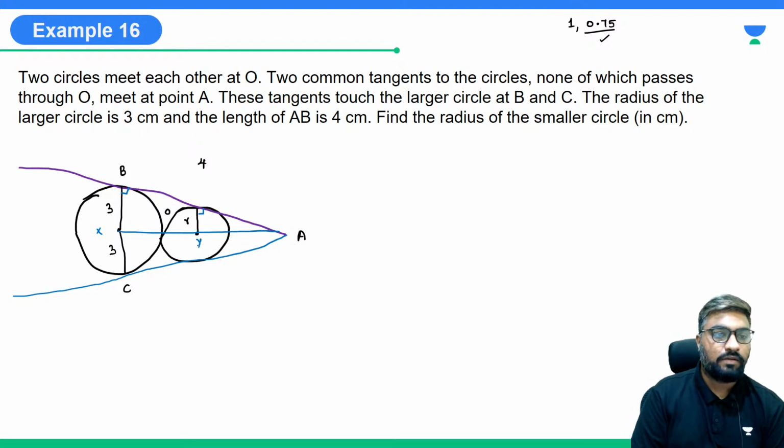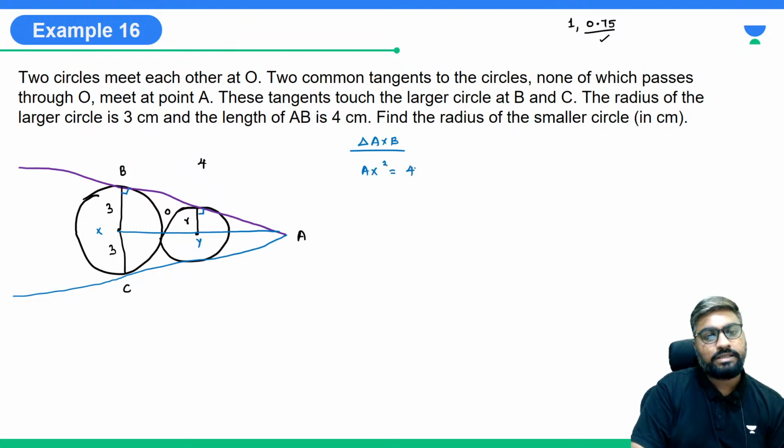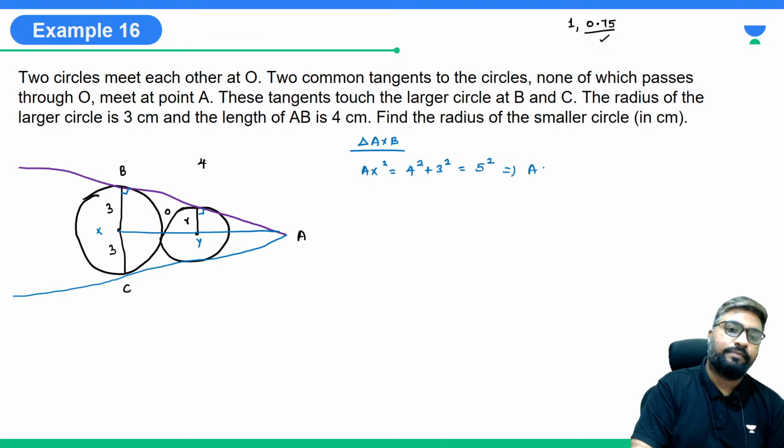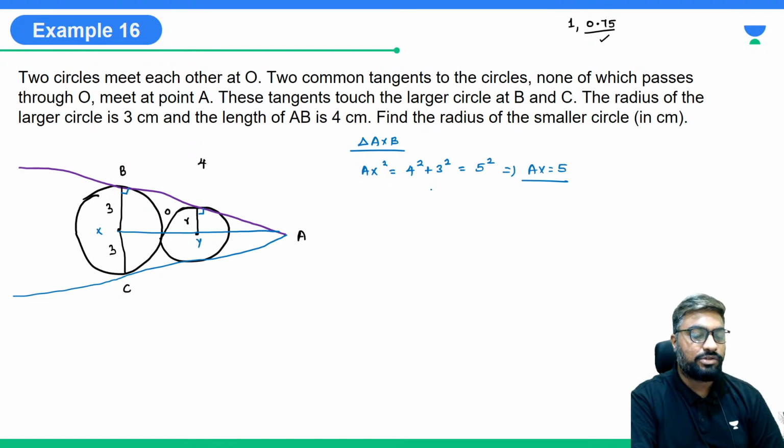So in this particular right angle triangle AXB, in triangle AXB, AX will be your hypotenuse. So AX square will be equal to 4 square plus 3 square, which is 5 square, correct? 16 plus 9, so AX is 5 centimeters. Agreed? You can also use 3:4:5, no issues.